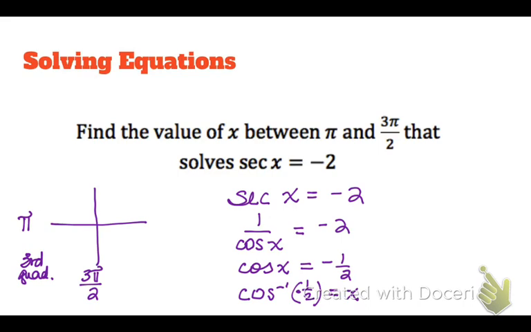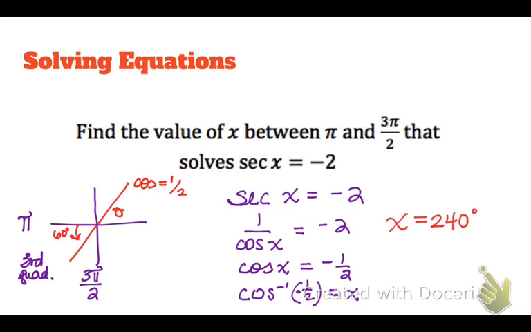So if you remember that in the first quadrant, the cosine at 1/2, that angle measure is going to be at 60 degrees. So that's your reference angle. So in the third quadrant, I would take also a reference angle of 60 degrees. So 180 plus 60 would put me at 240 degrees.